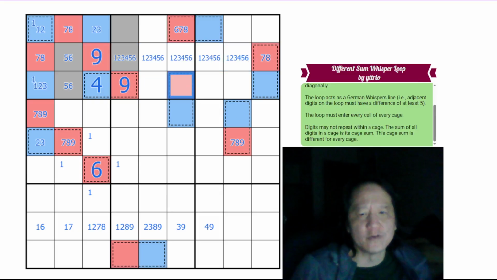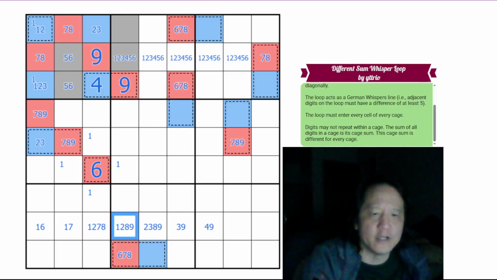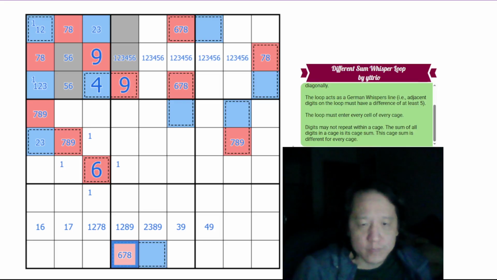This is 6, 7, or 8. This could be 6, 7, or 8 here. We have 9, 4. Only one of these can be 9. So one of these two has to be the 3 that corresponds with that 9.